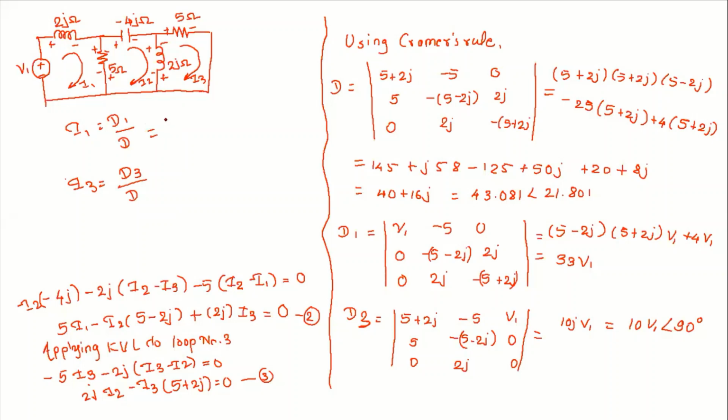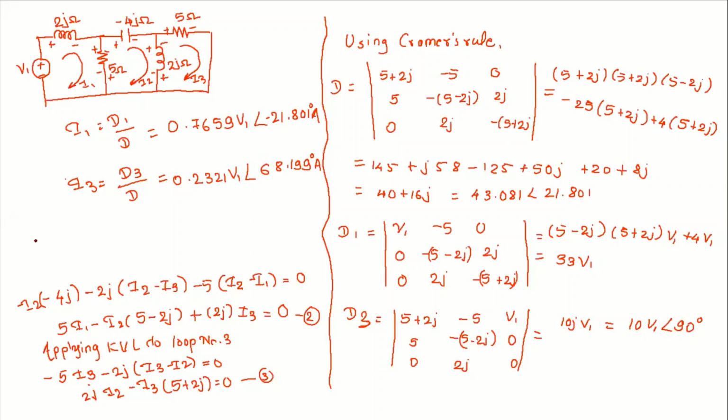If we solve this equation, you'll get the values as 0.7659 V1 at an angle minus 21.801 ampere. Next to it, you'll get 0.2321 V1 at an angle 68.199 degree ampere.